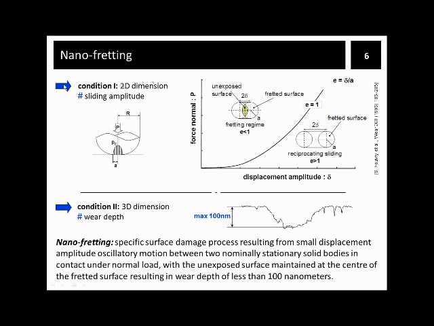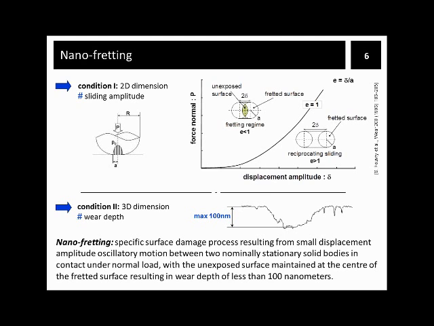So what we see here is the first condition of that definition, and it's based on the e coefficient proposed originally by Siegfried and co-authors, and it compares the Hertzian contact area with sliding amplitudes measured at the interface during fretting.